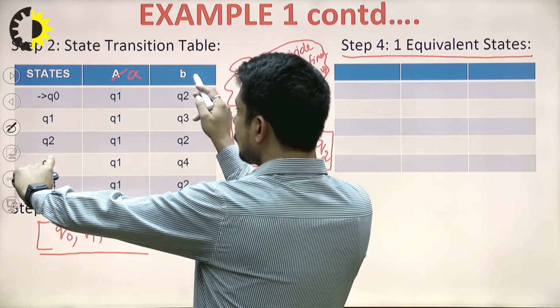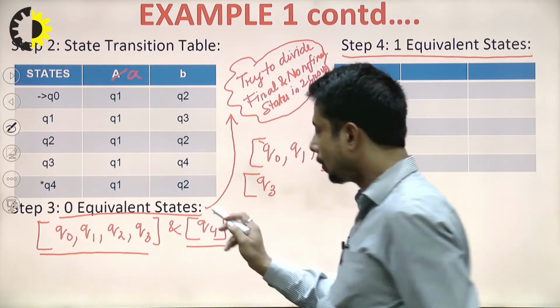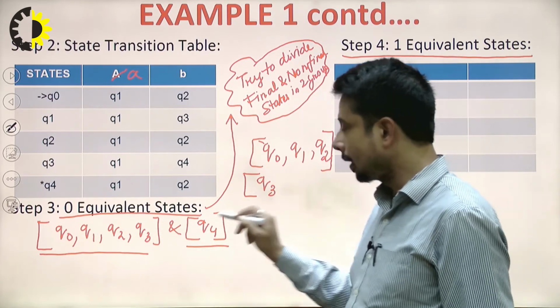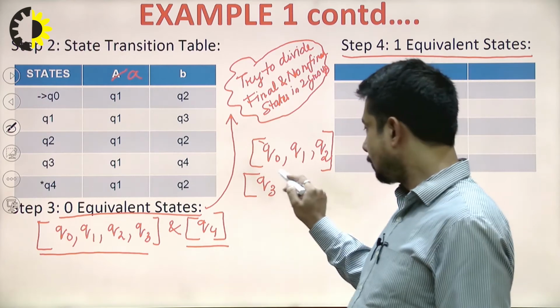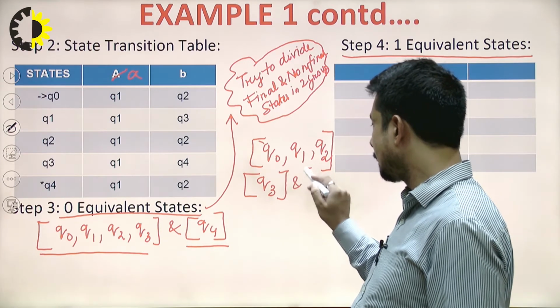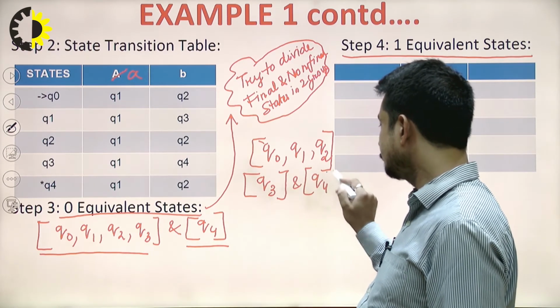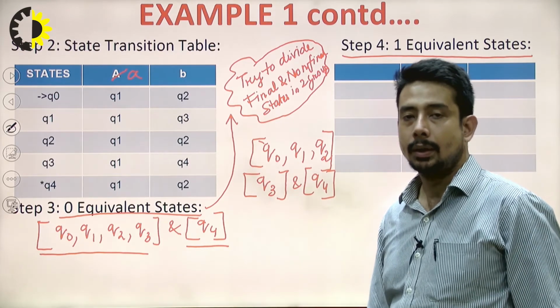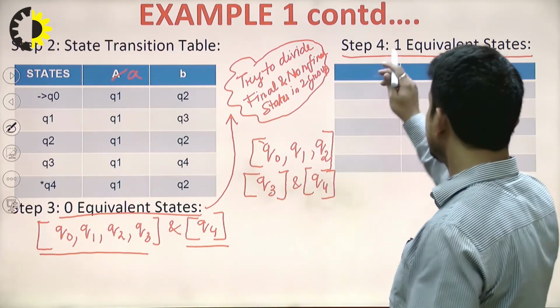On input alphabet B, it is going to Q4, Q2, which are in different groups. So therefore Q3 cannot make a pair with Q4. So Q3 now will make a separate group and Q4 too. Okay. So this is what we find out in step number 4.